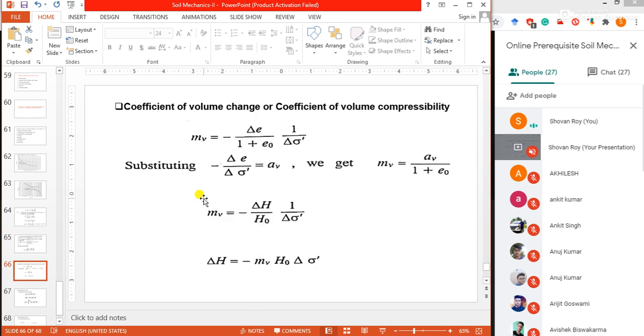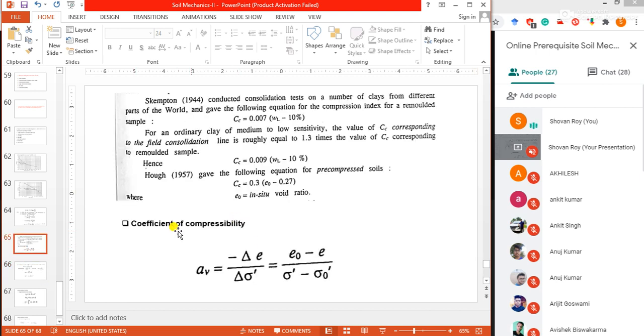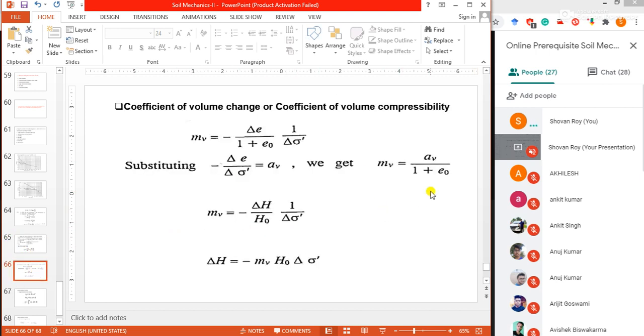So we get mv equals av by (1 plus e0). Simply, the relation between the coefficient of compressibility and the coefficient of volume compressibility or coefficient of volume change is mv equals av by (1 plus e0).